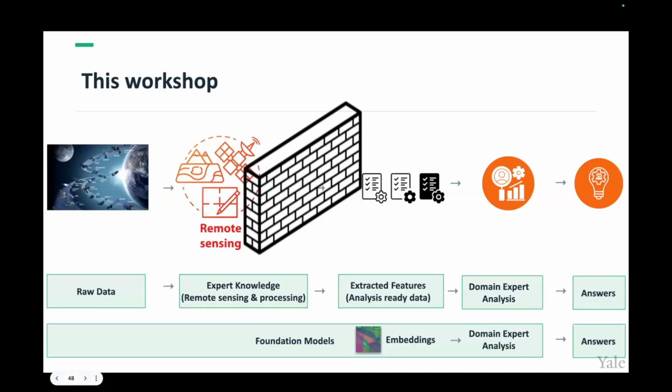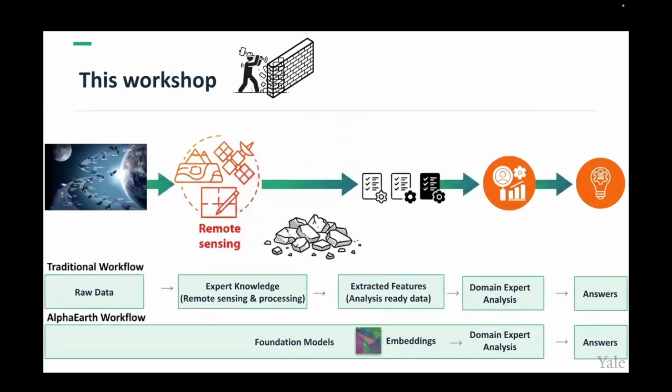The main focus of this workshop is to really break this wall in the traditional way of learning analysis: accessing the raw data and learning the basic analysis required, so you can get your own data and focus on the domain expert analysis that you want. We will try to do that in the traditional way and also look at some examples in AlphaEarth.